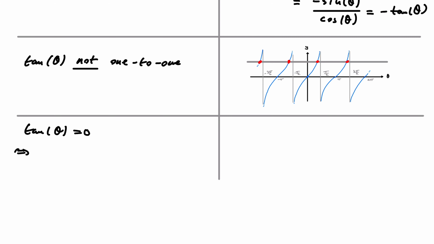So if and only if, I might as well do the justification here. Sine of theta is equal to 0, of course, because it's the numerator. When sine of theta is 0, cos is never 0. They don't match up. They're kind of out of sync, or out of phase, if you want to say it like that. This is only if and only if, remember, theta is equal to k pi, where k is an integer.